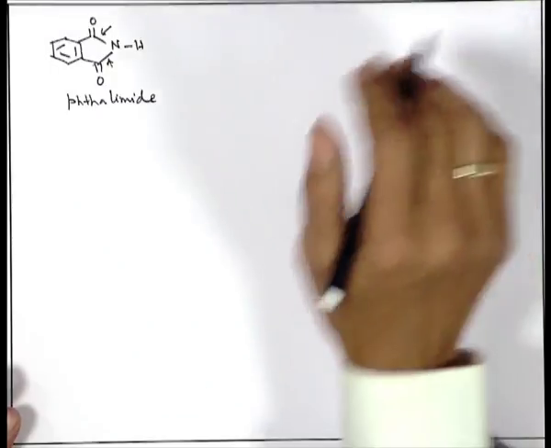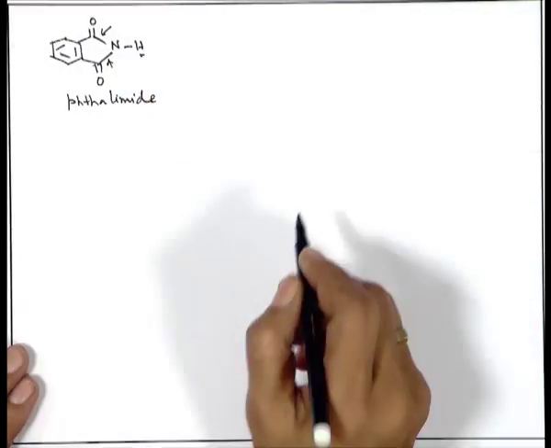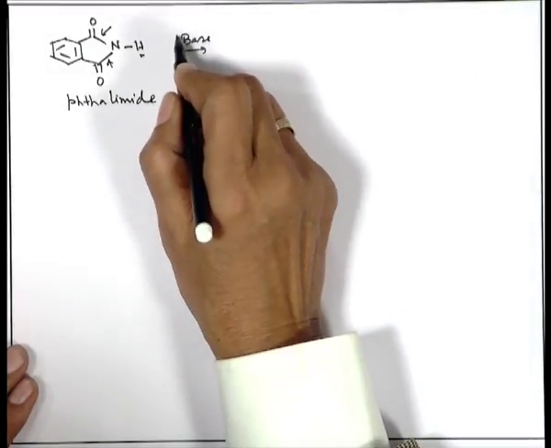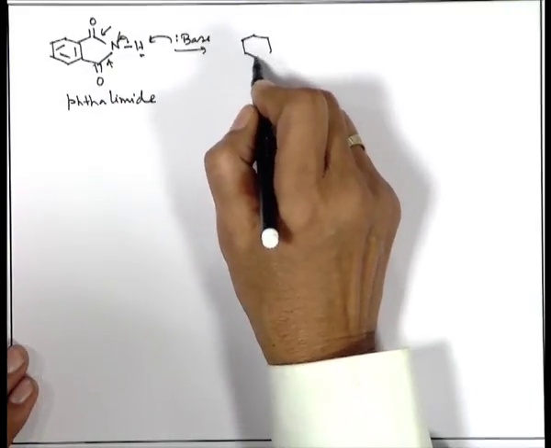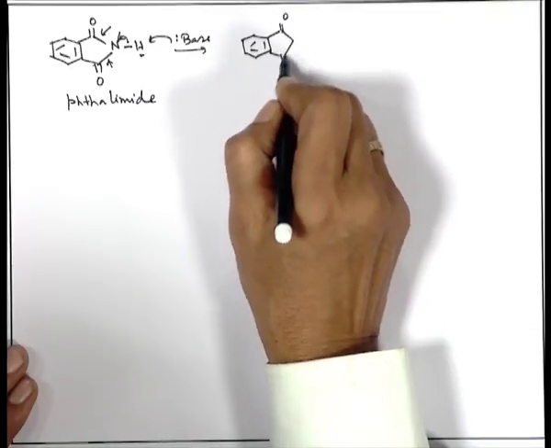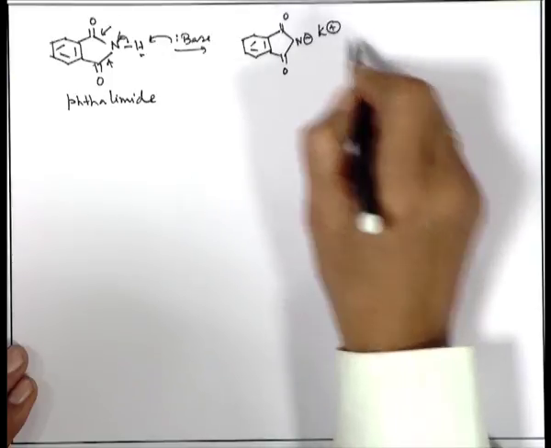So, it could be this hydrogen is very much acidic. With the help of a base, or even a mild base, you can generate the N minus, and this N minus can react with many compounds.